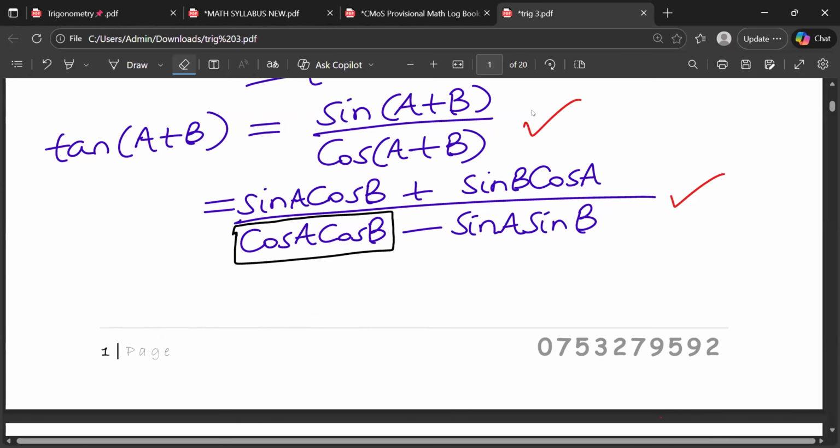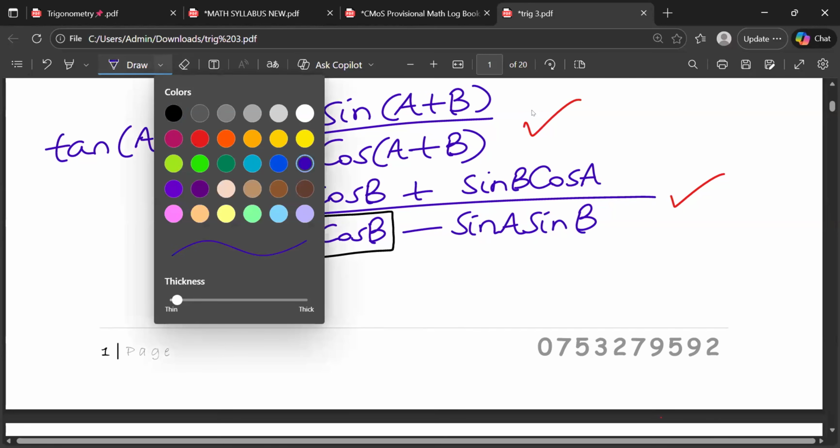But you cannot just out of the blue divide by itself. To make sure that what you've done is fair, you divide by cos A cos B throughout the whole thing. Because when you just do it on one thing, that is not being fair. You're supposed to now divide throughout.